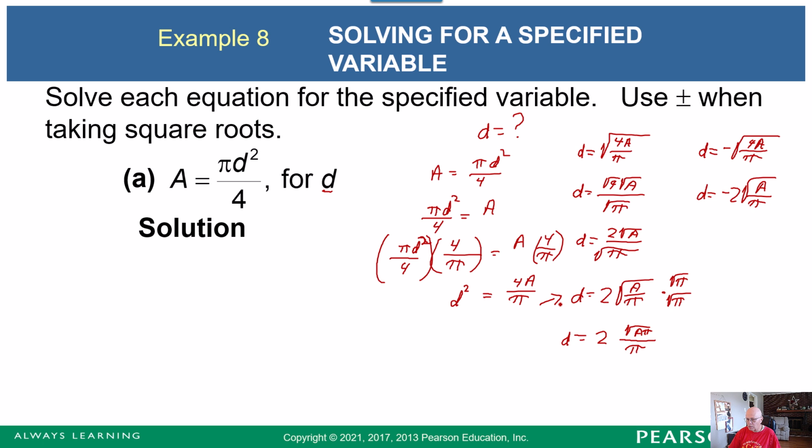And they also multiply by square root of pi over square root of pi. Remember that the PowerPoint person wasn't able to put in the multiplication sign for some reason. That's the multiplication. So we've almost got it, and there's our answer. Our two answers.